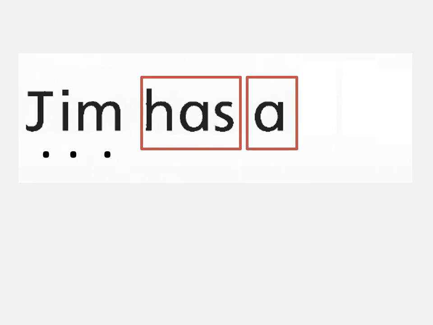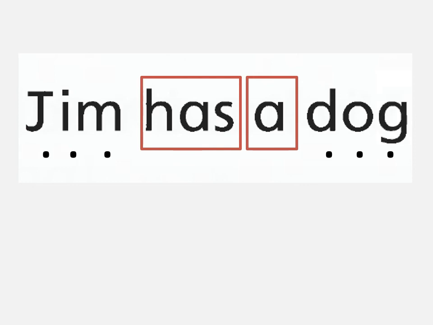D, O, G. We have 1, 2, 3 phonemes. D, O, G. And we think, which graphemes, which letter combinations do we need to write down to represent those sounds? So D is going to be a D, O is going to be an O, and G is going to be a G.